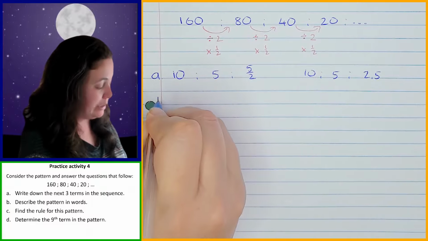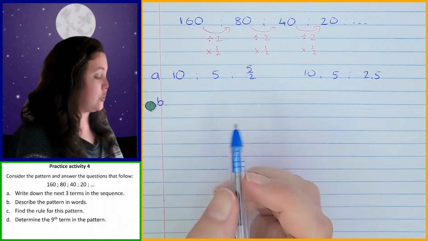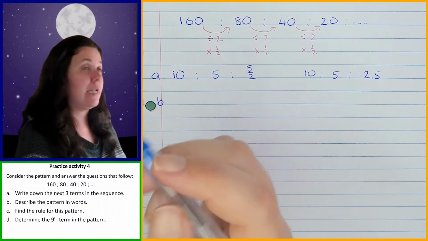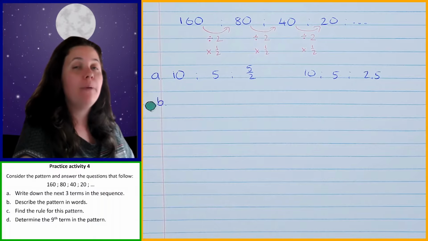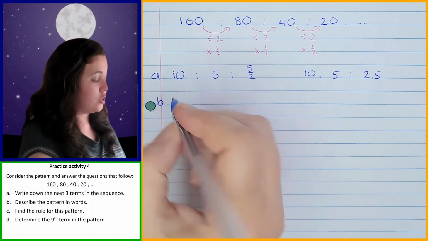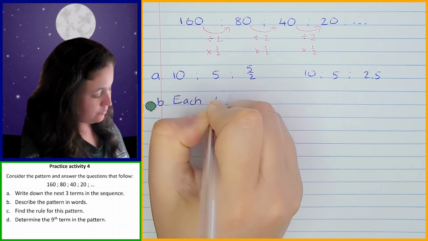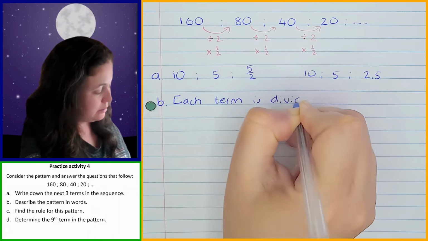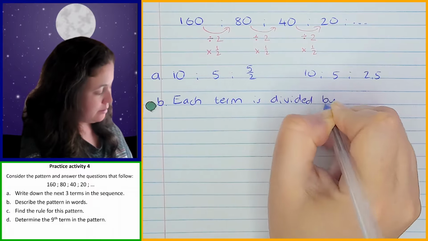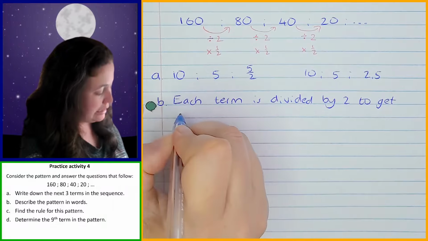Okay, then question B, we have to describe what this pattern is in words. In this case, you can say multiplying by a half, but you can also say dividing by 2. So I'm going to say each term is divided by 2 to get the next term.